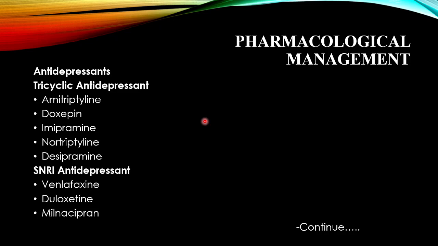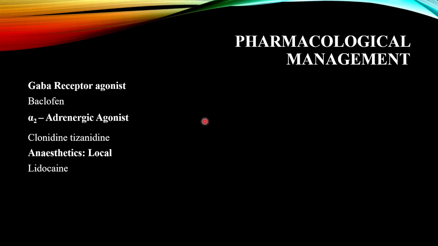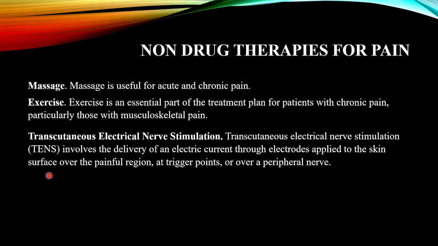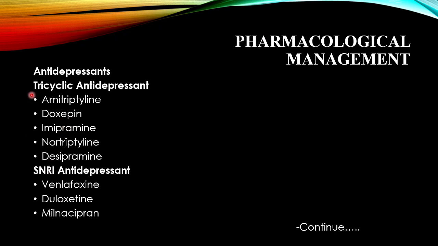These are antidepressants, tricyclic antidepressants, SNRI antidepressants, anti-seizure drugs, carbamazepine, phenytoin, gabapentin, GABA receptor agonist baclofen, and alpha-2 adrenergic agonist, which is clonidine, and local anesthetics, which is lidocaine. So, first, antidepressant drugs.